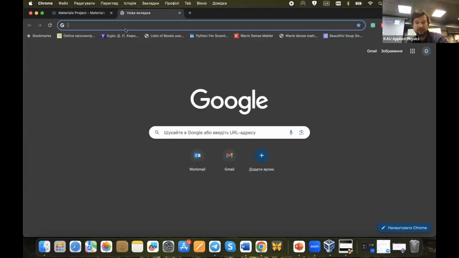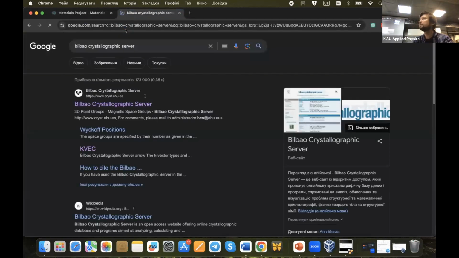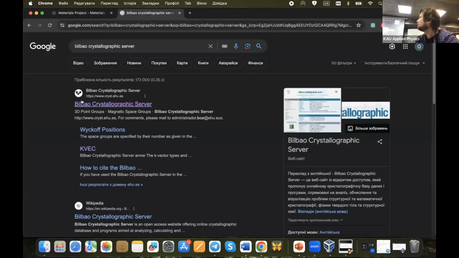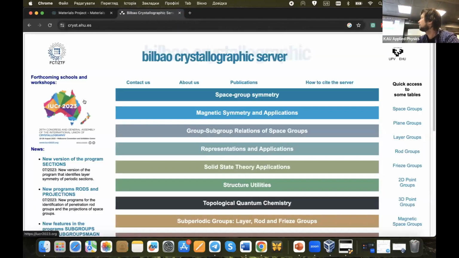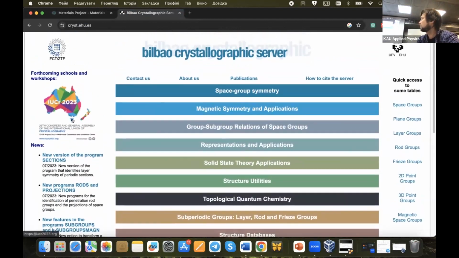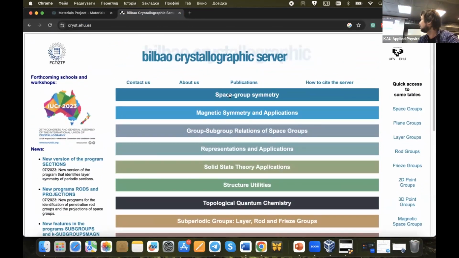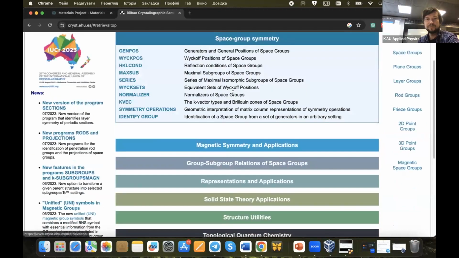You can open the site Bilbao Crystallographic Server. It's a very useful site. There is a forthcoming workshop in Australia. You can go on the site to space group symmetry.